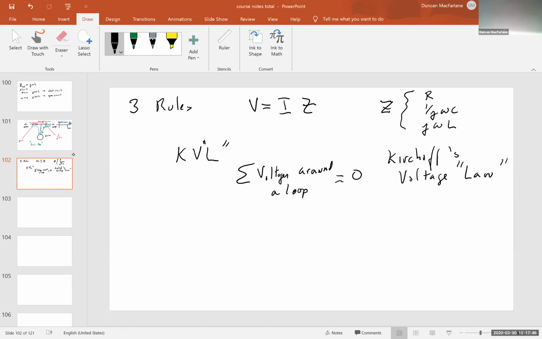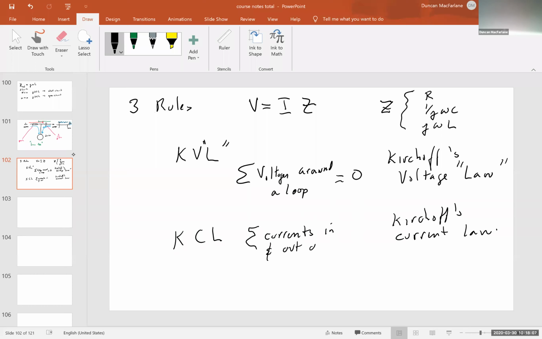And then the second law, which really is a law, is Kirchhoff's current law. And this says the sum of the currents in and out of a node, or any particular point on the circuit, must equal zero.